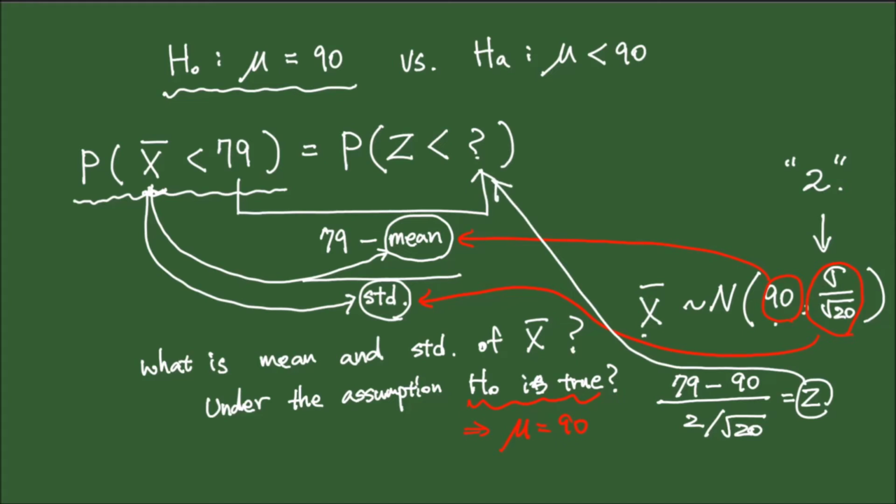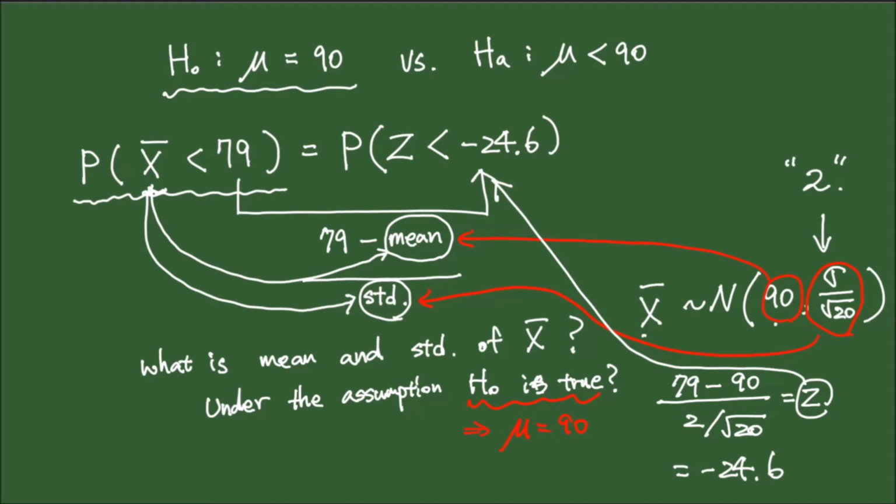Okay, and when you calculate that number, what I have here is negative 24.6. Okay, so let me just write it down. Negative 24.6 here.